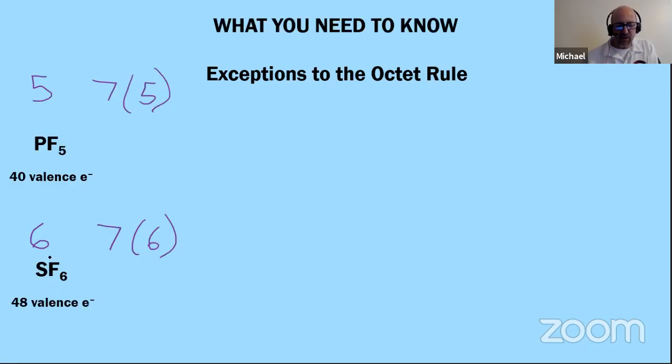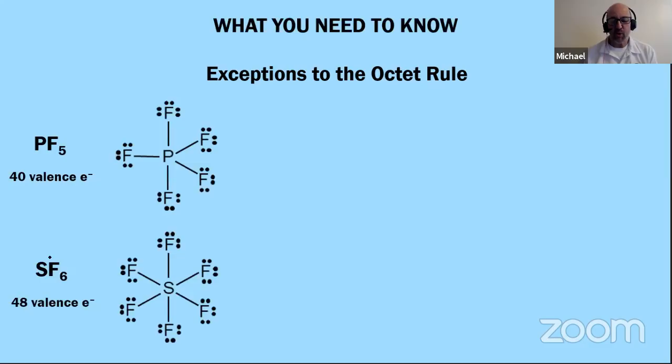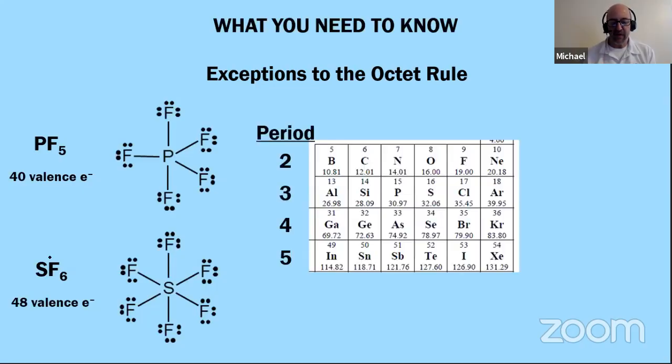So how would you draw the Lewis electron-dot structure for an atom where it actually has more than an octet? Well, as we talk more about valence shell electron pair repulsion theory, we'll definitely see examples of molecules like these. But be aware that there are some atoms that are what are called hypervalent.